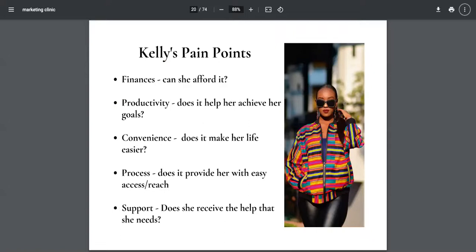Process, does it provide easy access or reach? I help them put processes in place. I help them use the right tools in order to create content, the right tools in order to find a target audience, the right tools in order to do some social listening, in order to, again, reach their target audience.